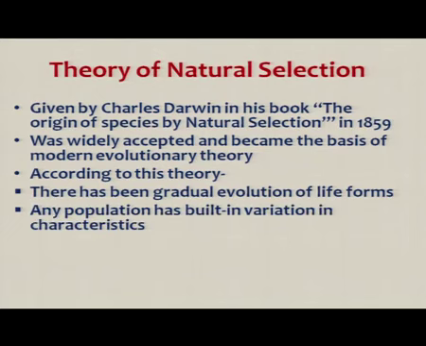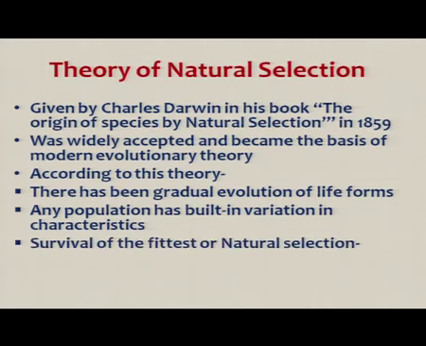Any population has built-in variation in characteristics. The second postulate says that the population has built-in variation. There are certain variations in their characteristics, and these characteristics can help them in providing the fitness criteria. Survival of the fittest, or natural selection: those features, those variations which enable an organism to better adapt to the changing environmental condition will increase its fitness.